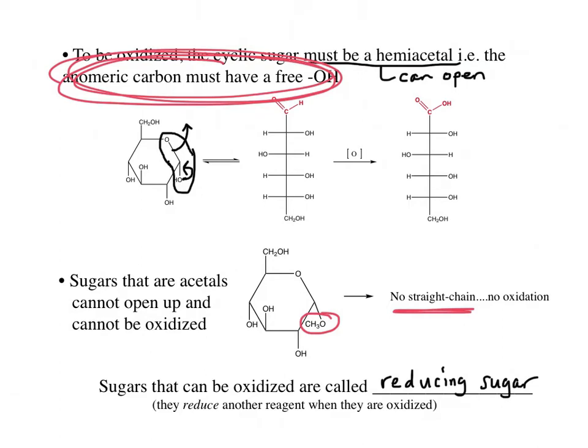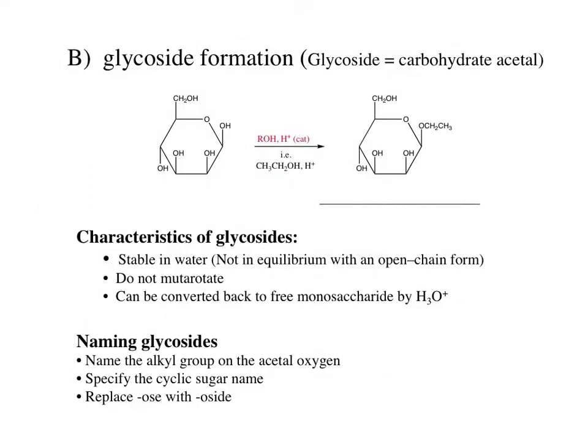All right. Now, this next slide is going to show us how to, if we wanted to, lock up that anomeric carbon. So what we're doing here is we're forming this thing called a glycoside.